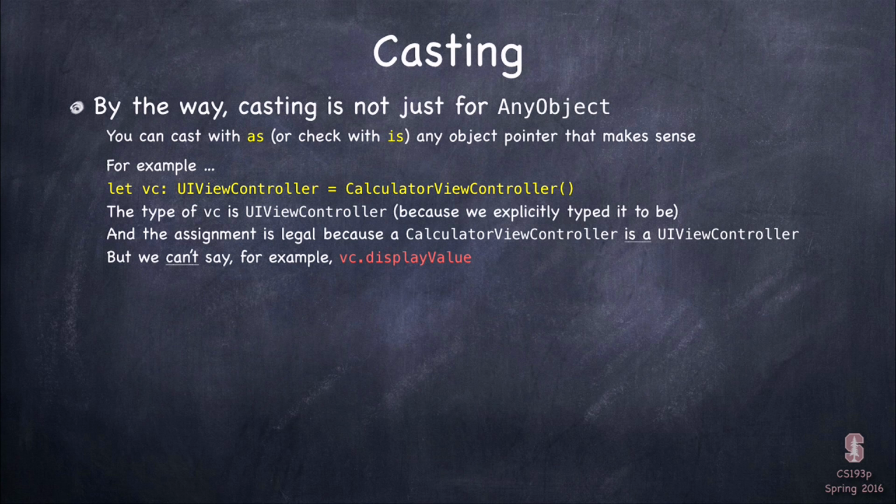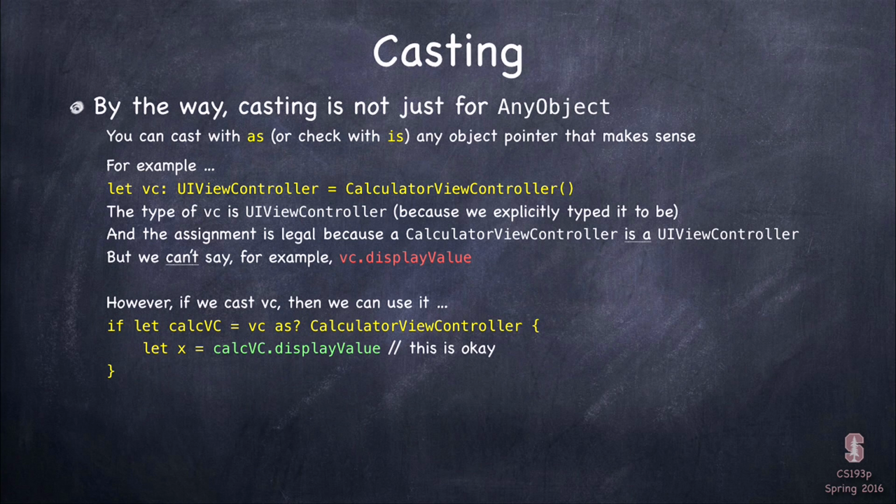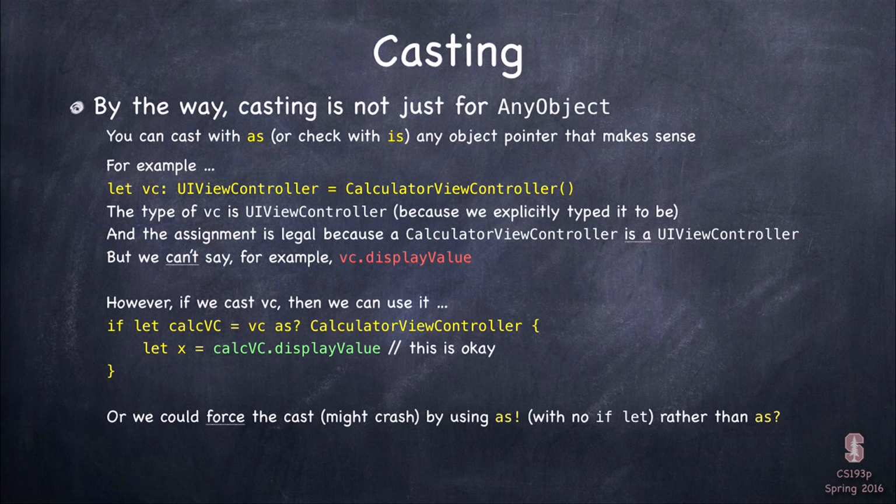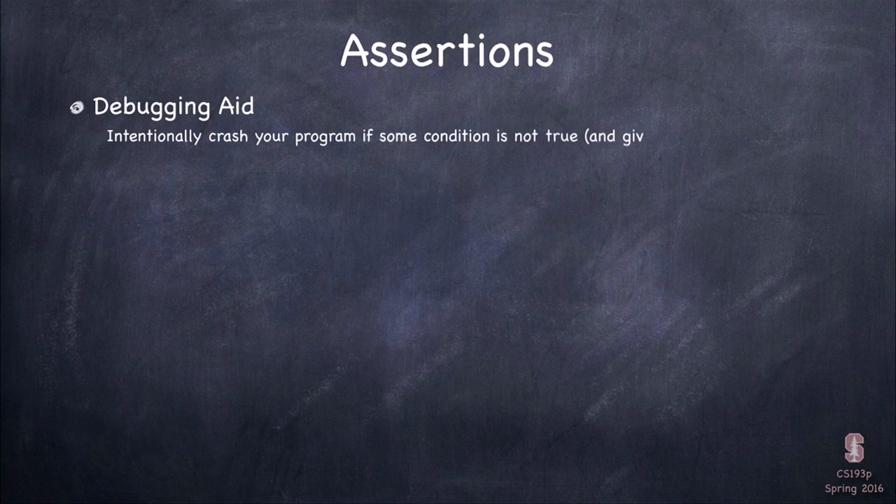In this case, for example, if I have view controller, the base class of our view controller, we can't say VC display value because this is a calculator view controller thing. But if I took this VC and as'd it to calculator view controller, now I could use display value. Okay, so as is for more than just any object. And yes, you can force with as exclamation point. It'll crash if you can't do it.